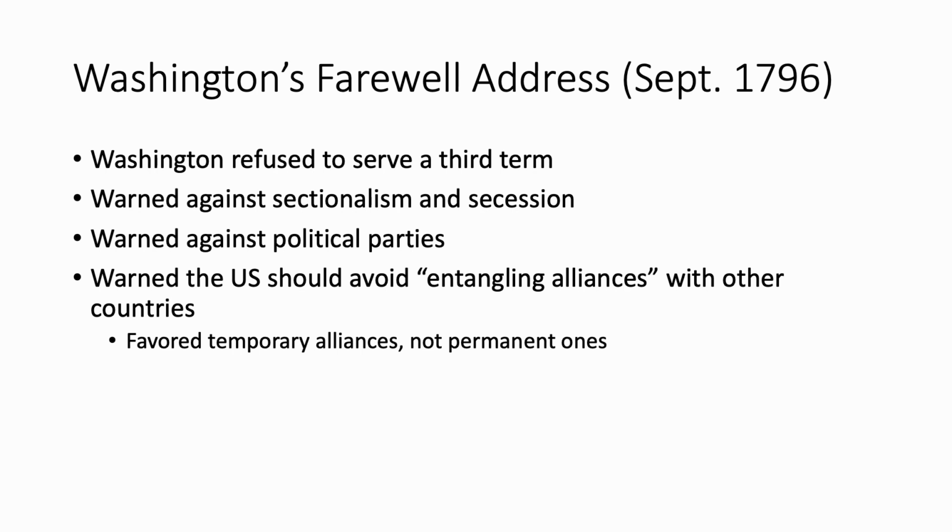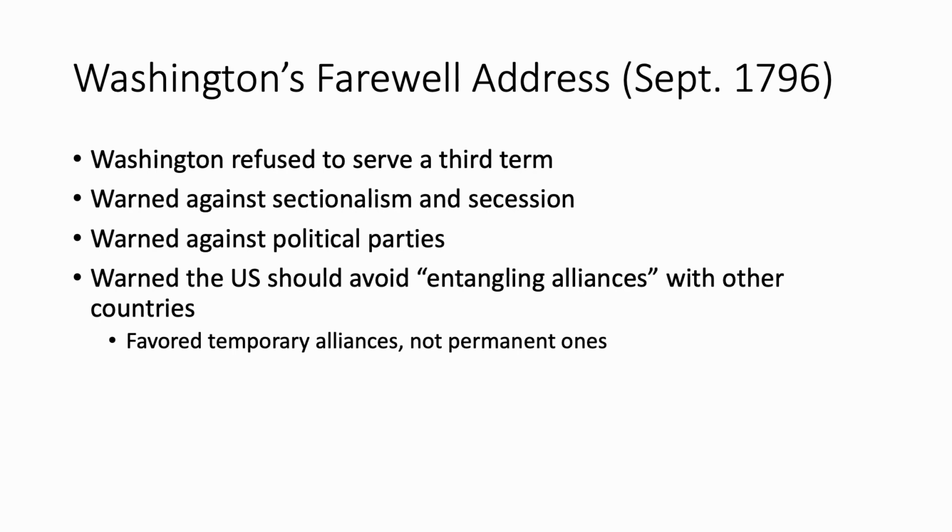He warned against sectionalism, so divisiveness between different areas of the country. He also warned against secession, aka leaving the United States. He warned against political parties because he saw that it would become the downfall of the US. And he also said that the US should avoid entangling alliances with other countries.